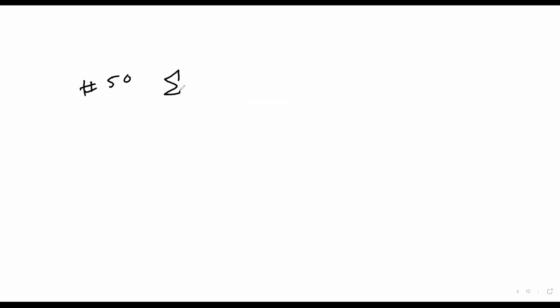This is going to be i equals 1 to infinity, and then 4/5 to the i. Again, r is less than 1, so it's going to converge. And if it converges, it's going to be an imaginary 1 there. So that's 1 over 1 minus 4/5.